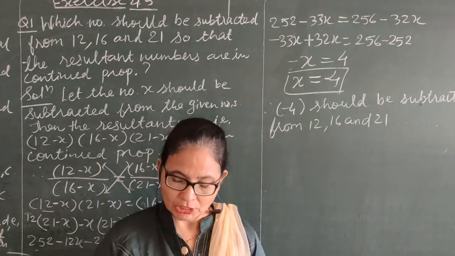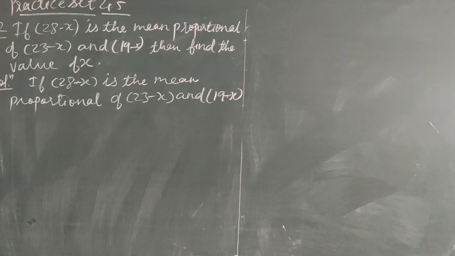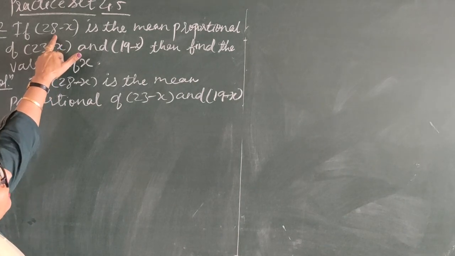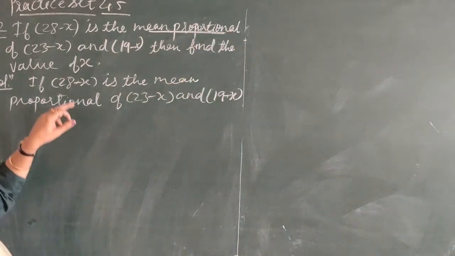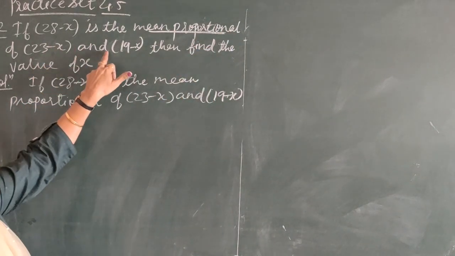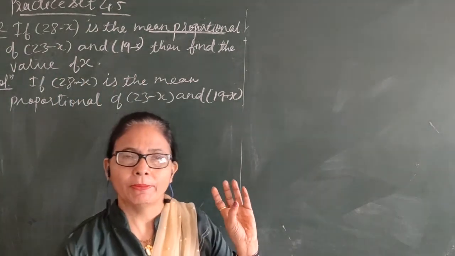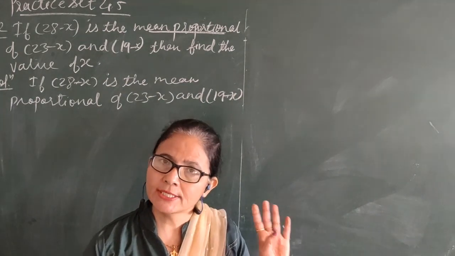Now let's move to question number 2. Question number 2 is: if 28 minus x is the mean proportional of 23 minus x and 19 minus x, then find the value of x. Now children, I already told you geometric mean, mean proportional and continued proportion are all one and the same thing.